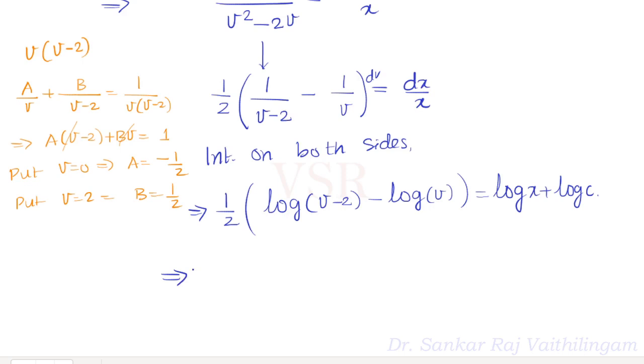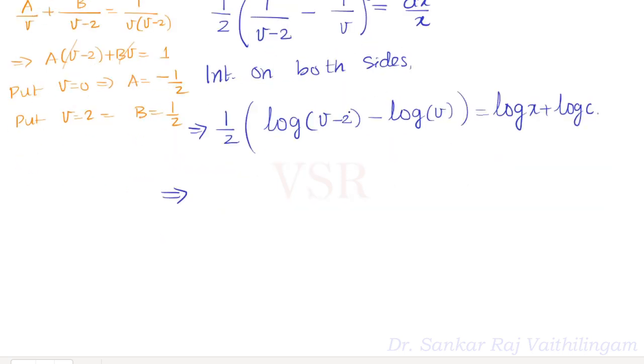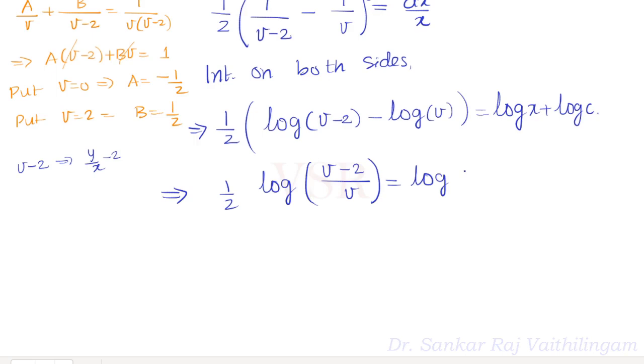இன்னும் simplify பண்ணுவோம். அப்போ எனக்கு இங்க என்ன கிடைக்கும்? v minus 2. அப்போ that implies that y by x minus 2. Okay, so this is 1 by 2 times log of, I may write this is v minus 2 divided by v, which is equal to log of c times x.